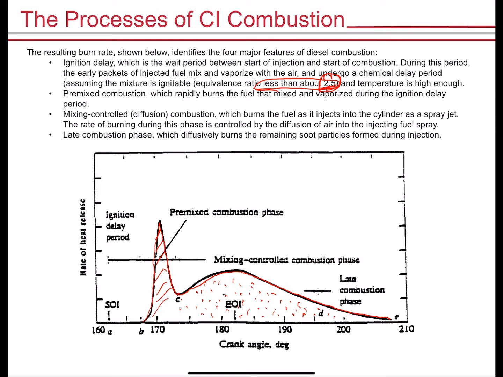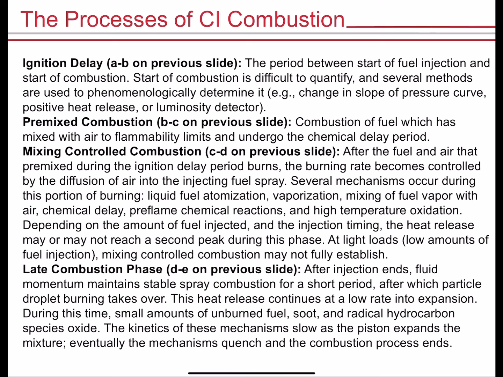The rate of the burning during this phase is controlled by the diffusion of air into the injecting fuel spray. And then that late combustion period, and that might only be, say, 10 or 15% of the total fuel that's burned, is diffusively burned as a particle droplet formation. And again, it tries to burn as much of the remaining soot particles as possible, but not all of it gets burned, and you end up emitting some soot.